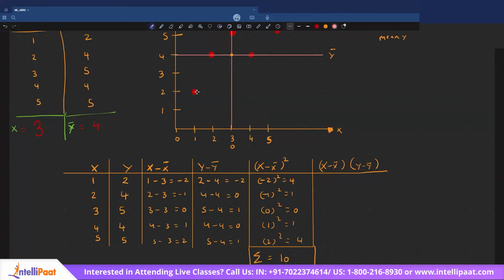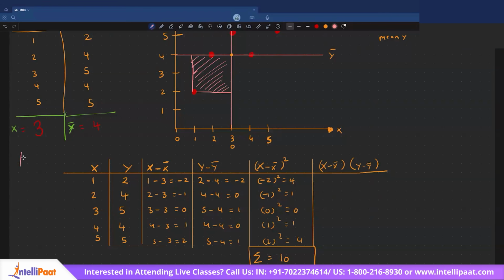Can I call this also x minus x bar? This distance can be called x minus x bar. Yes, good. Can this distance be called y minus y bar? If I multiply x minus x bar into y minus y bar, essentially what I'm doing is, this is x minus x bar, this is y minus y bar. Multiplying them together gives me this answer.